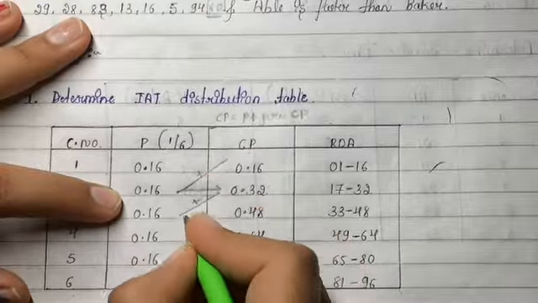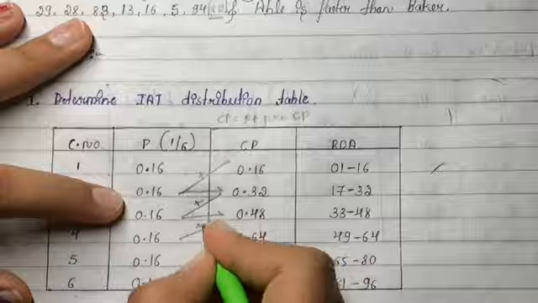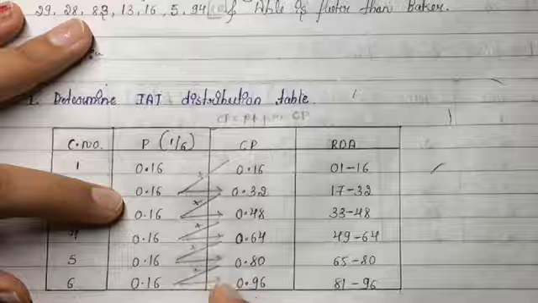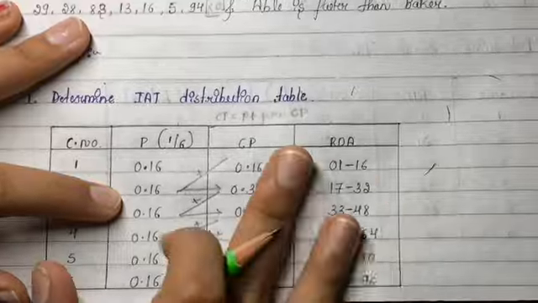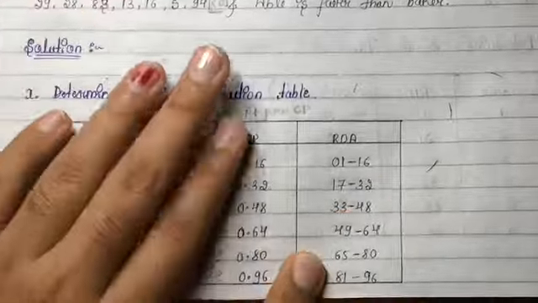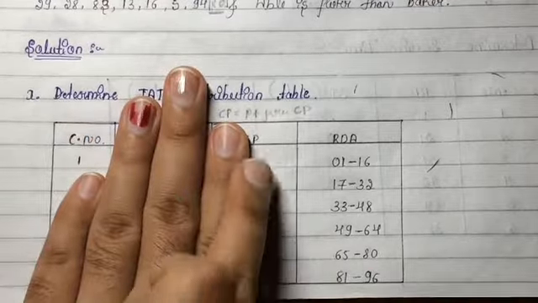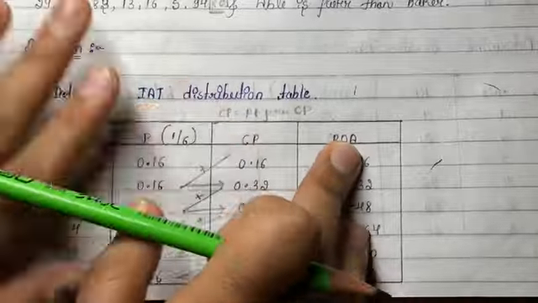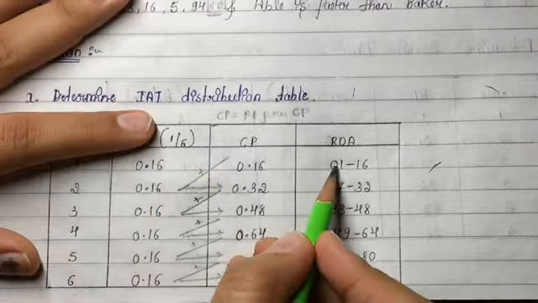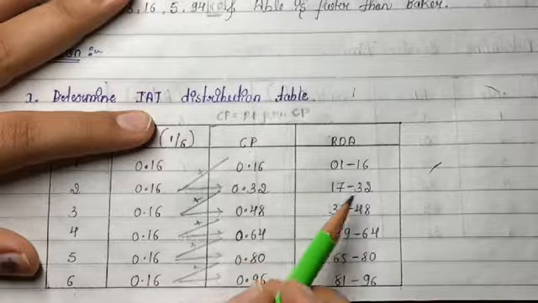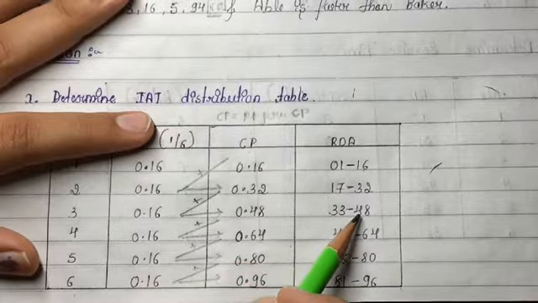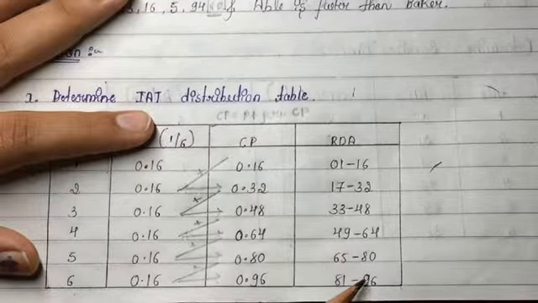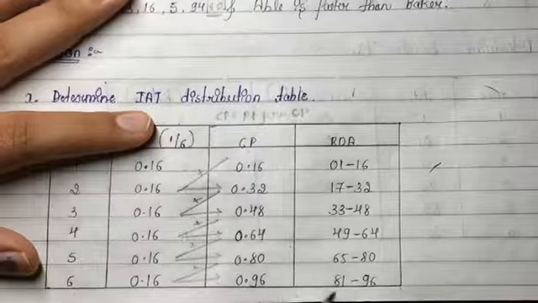Same, just add these two values, you will get the result. Okay, continue for the other values. And next, for the random digit assignment, just keep the values which are after the decimal at the right side and create the intervals, that is from 1 to 16, 17 to 32, 33 to 48, 49 to 64, 65 to 80, 81 to 96.